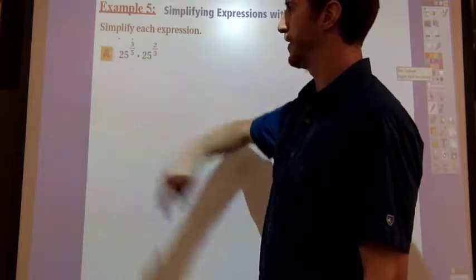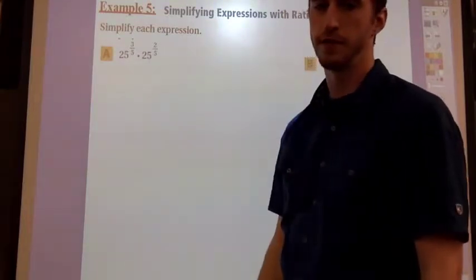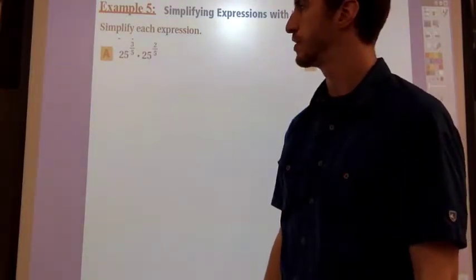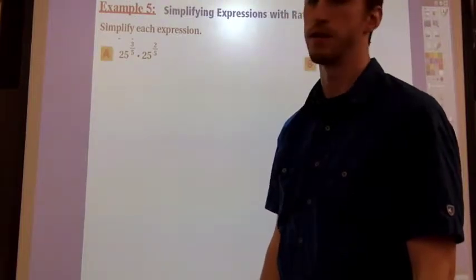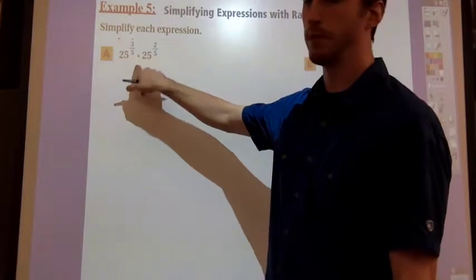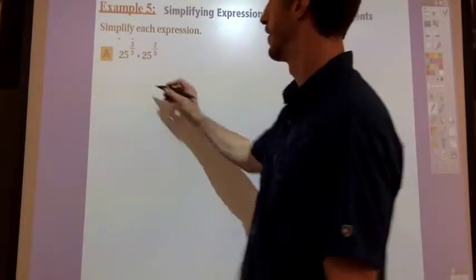25 raised to the 3/5 times 25 raised to the 2/5. So we have 2 exponential numbers that have the same base. Since they're being multiplied, their exponents add together.